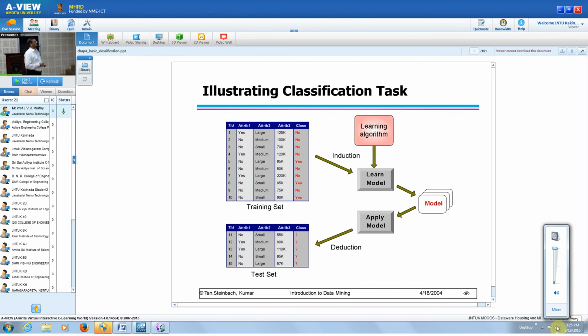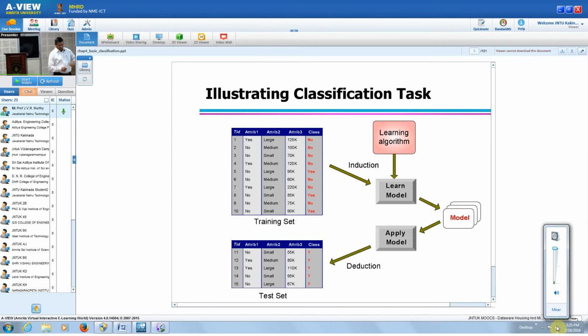So we are just illustrating the classes. Your data is being segregated as training set and test set. Of course, he has not given the attribute names. He said attribute 1, 2, 3 only. 3 attributes are taken, and the class label.